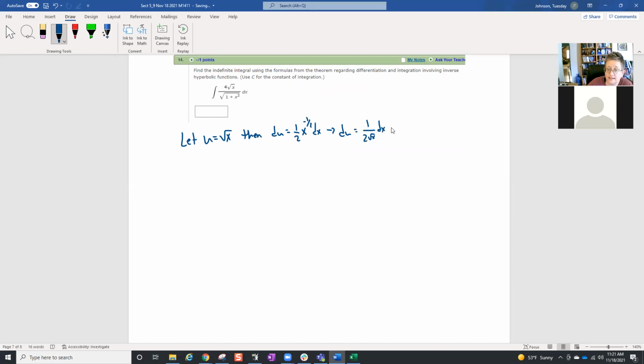Or we could write this instead as du equals 1 over 2u dx. And finally, 2u du equals dx. All right, so I'm going to use u equals square root of x, and I'm going to use 2u du equals dx.